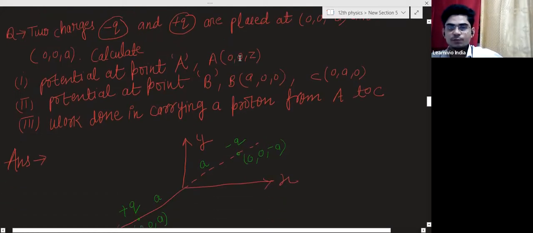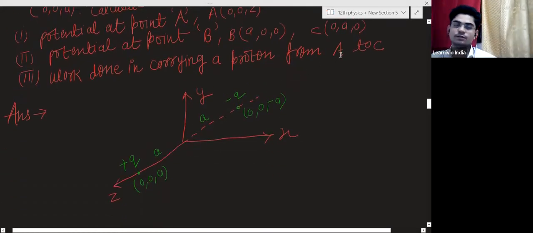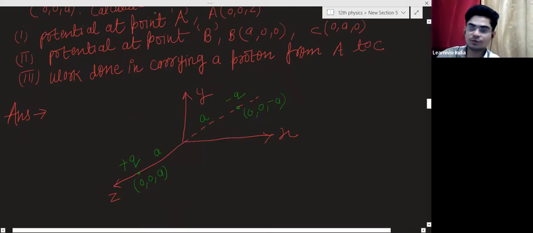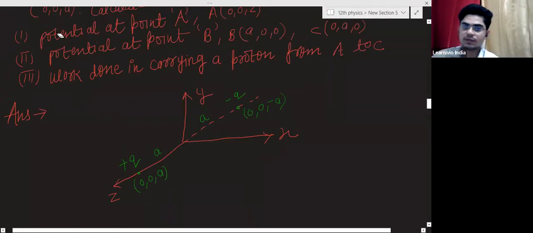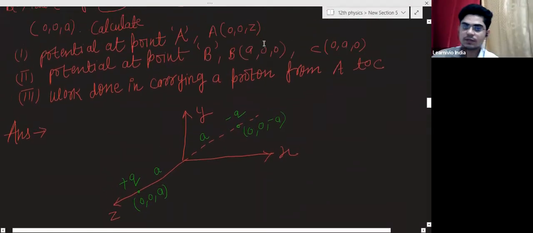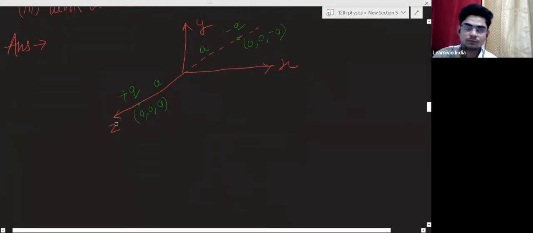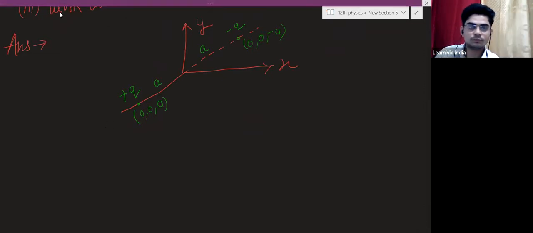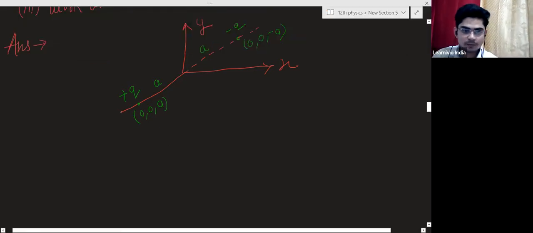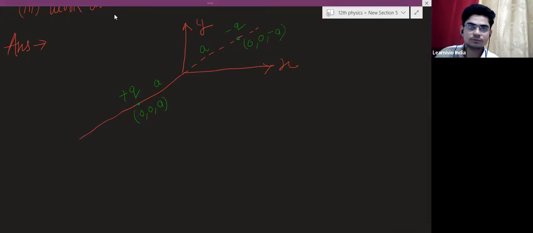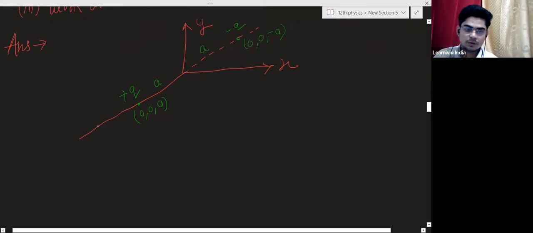Now we will calculate the potential at 0, 0, z. The point 0, 0, z will also lie on the z-axis. This is the last question. I am extending this z-axis. Suppose this point is here.